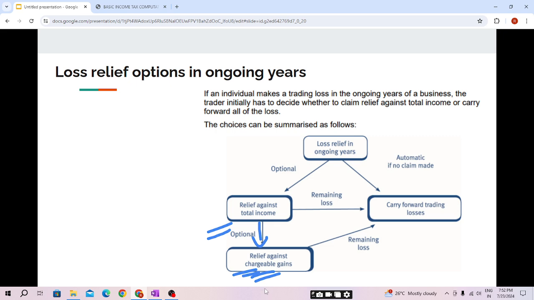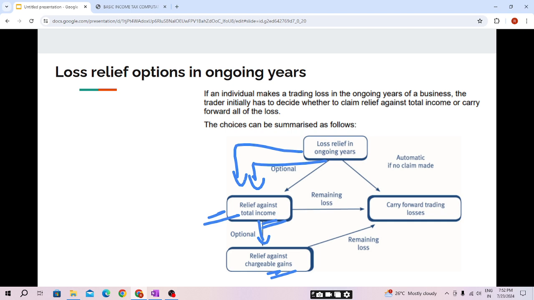Capital gain means when we sell an asset and we have a profit on selling the asset, it will be covered under the CGT part. So students, if an individual opts to set off against the total income, and the loss is more, then a further option is available of setting it off against the chargeable gains. But first, the individual needs to set off against the total income.